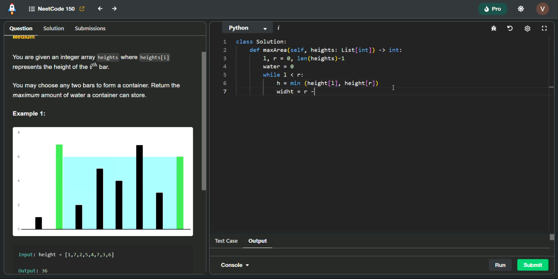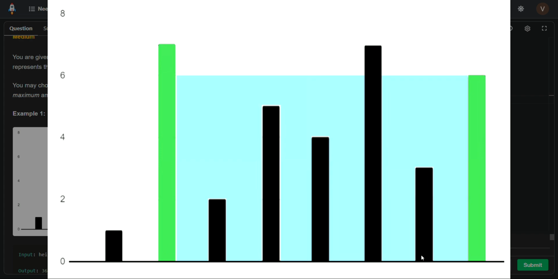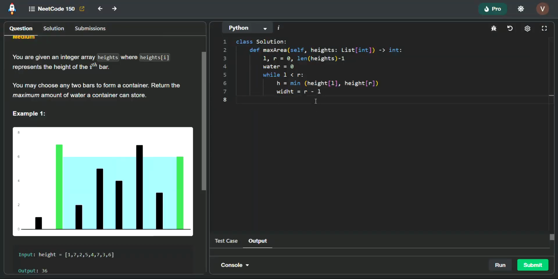And then we have our width, r minus l, which is essentially our width for the whole area, like from here to here. To calculate our area, we just do width times our height, or h in this case.